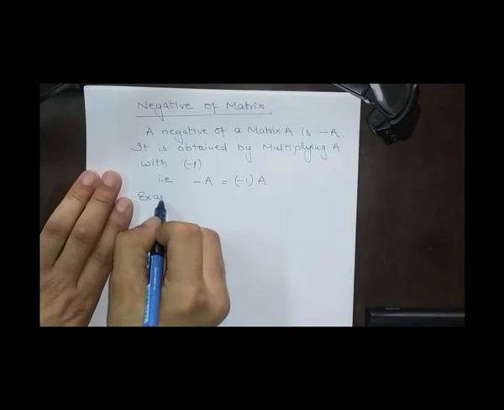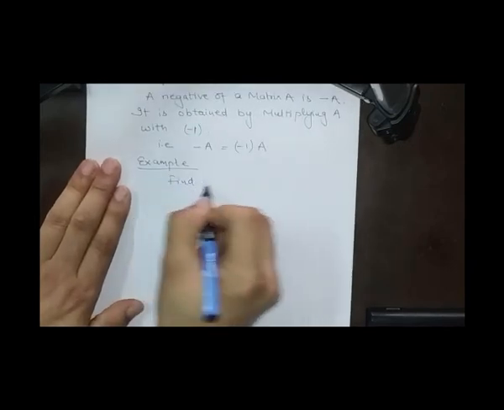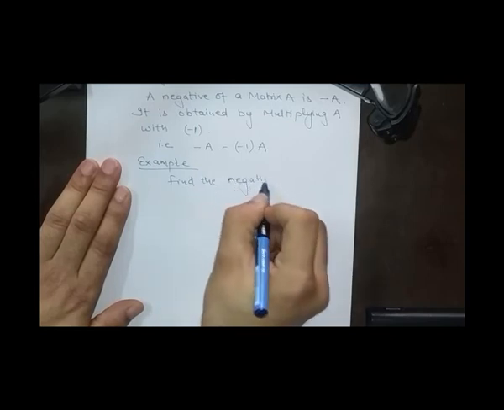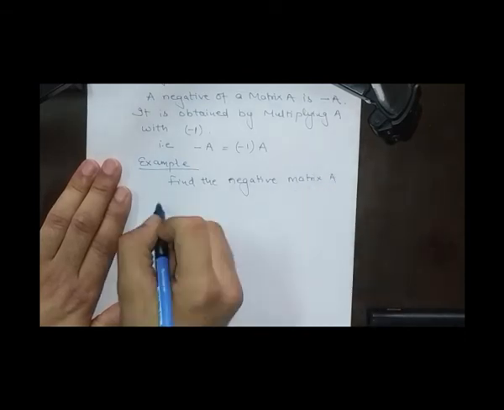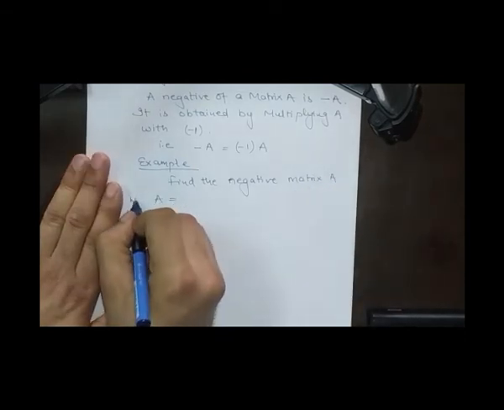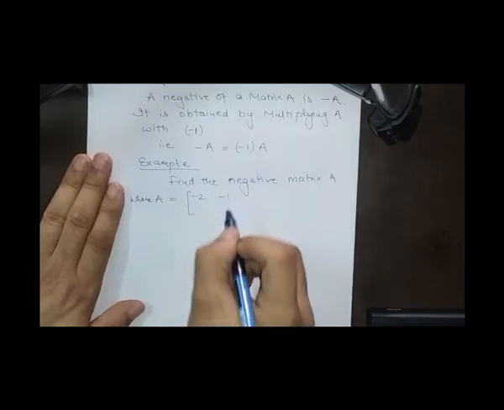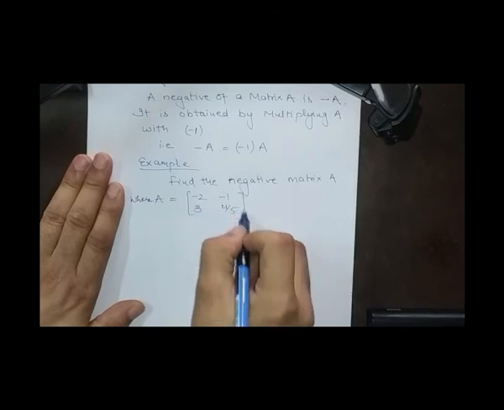Let us see an example. Find the negative of matrix A, where A is equal to minus 2, minus 1, 3, 4 by 5.